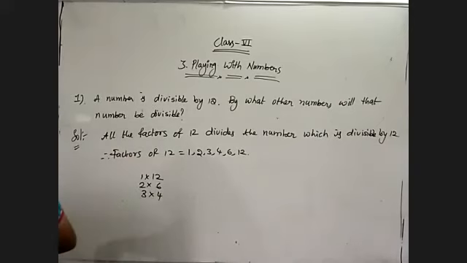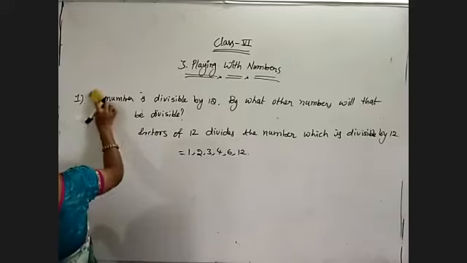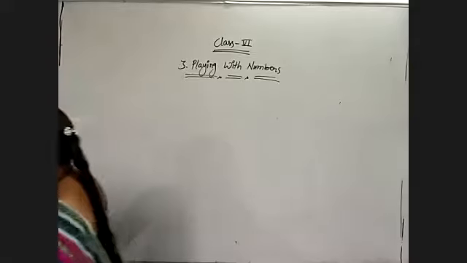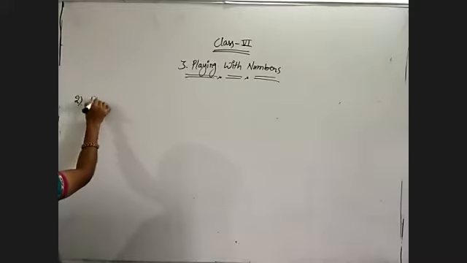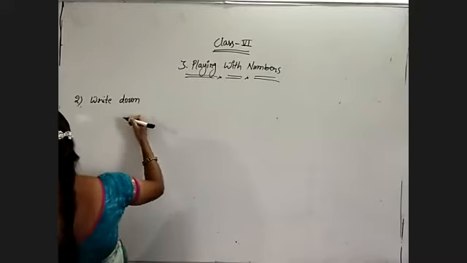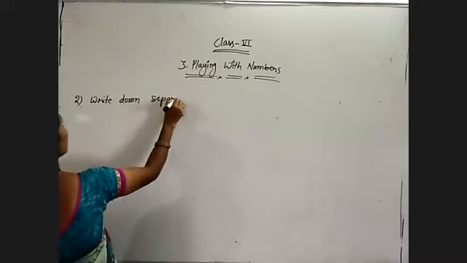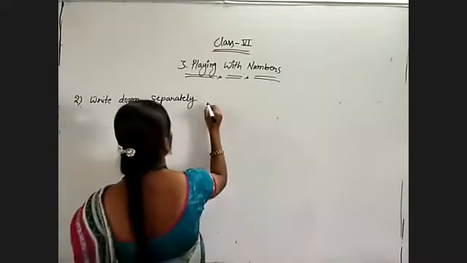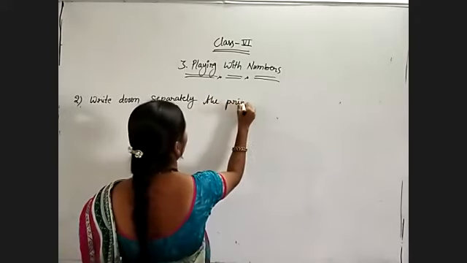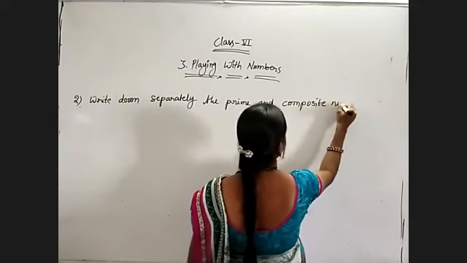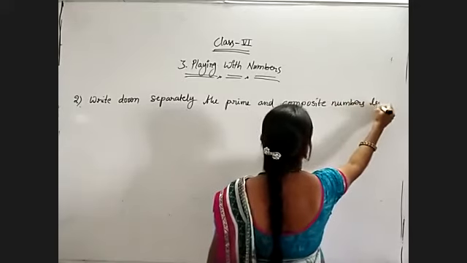Okay. Now coming to the second question. Write down separately the prime and composite numbers less than 20.